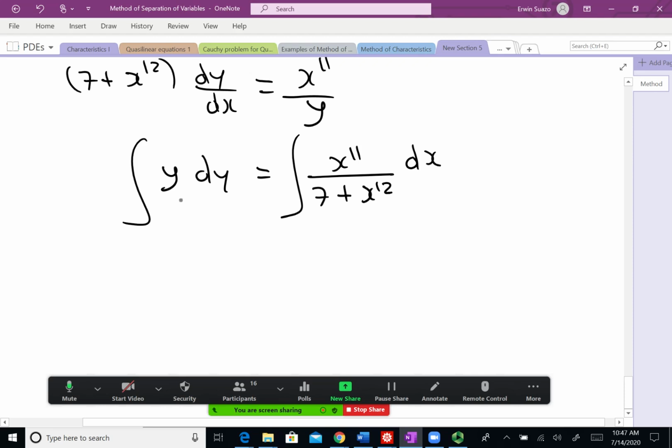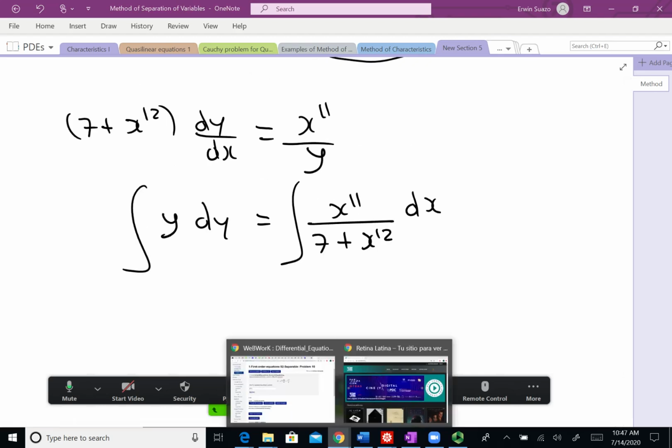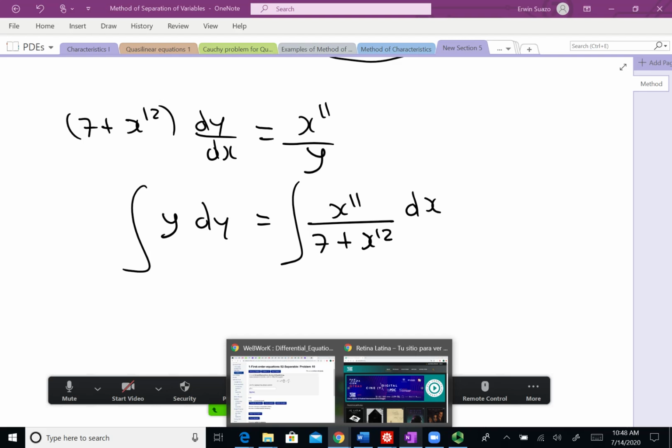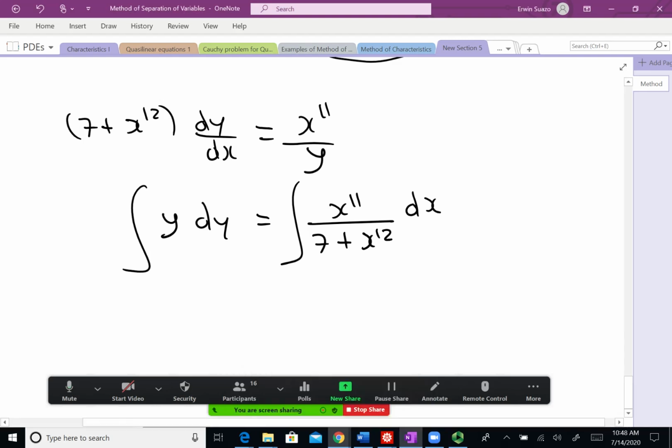So what is the integral on the left? And this problem was 10. So problem 10.